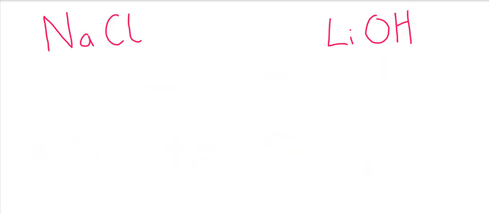Okay, so our first one, we have sodium chloride. And looking in the periodic table, we can tell that sodium has a relative atomic mass of 23, and chlorine has a relative atomic mass of 35.5.